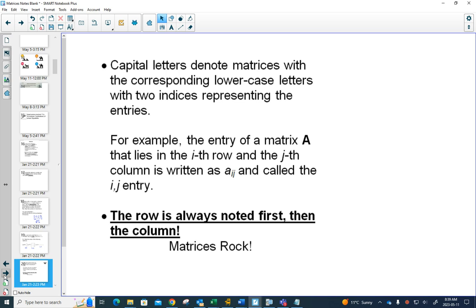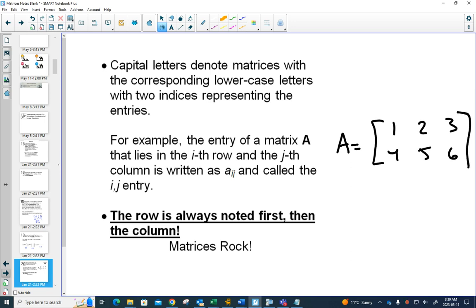So what this would mean is if this was matrix A, 1, 2, 3, 4, 5, 6, we would call it element a 2,3, and sometimes, I'll put it in blue, sometimes people write a comma there, and sometimes they don't. Because if there's 2 numbers written, it's sort of like, well, the first one's your row, the second one's your column.